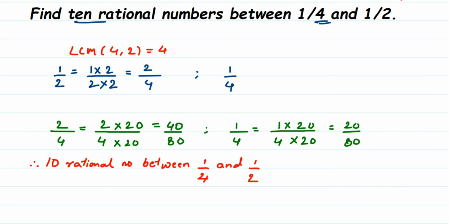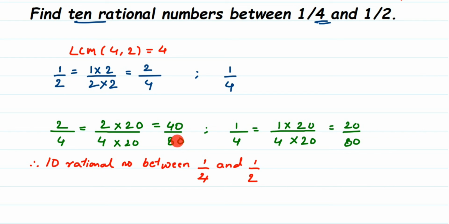See, they all are equivalent. 1 by 4 is equivalent to 20 by 80. 1 by 2 is equivalent to 2 by 4, and 2 by 4 is equivalent to 40 by 80. When you cancel 40 by 80, you will get back 1 by 2. They all are equivalent. So instead of writing 1 by 4 and 1 by 2, you can also write 20 by 80 and 40 by 80 because they all are equivalent here.